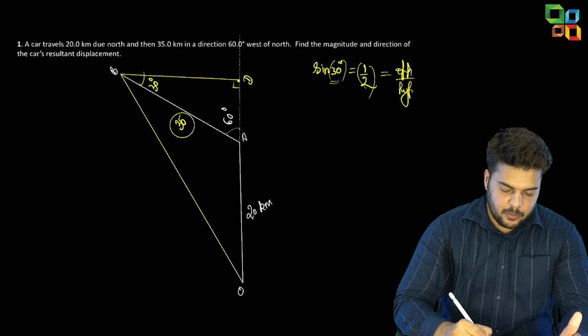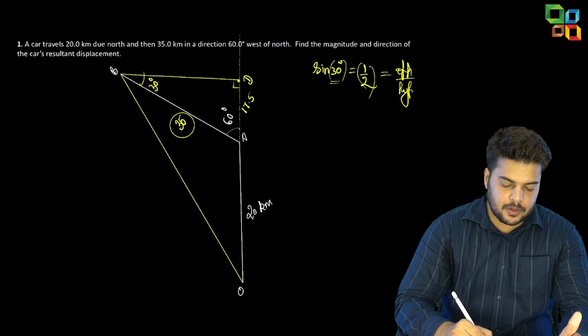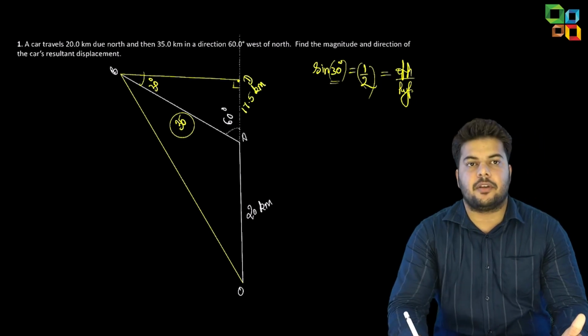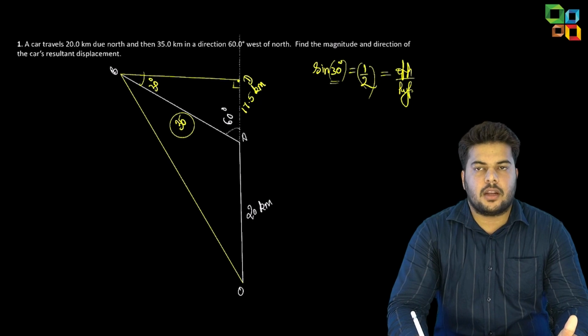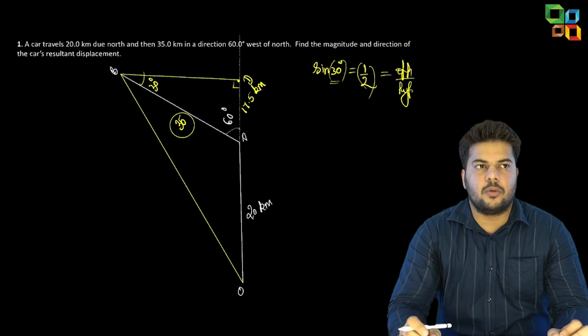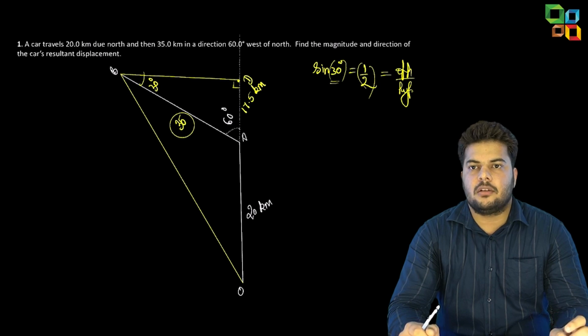Yes, it's 17.5, half of 35. Correct? Anybody has a doubt over there? Just ask me. Anirudh, Shreya, are you in doubt?